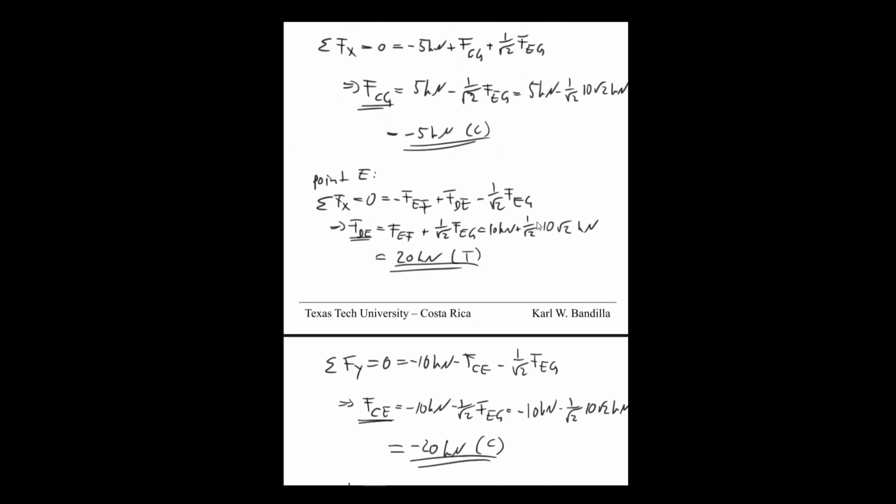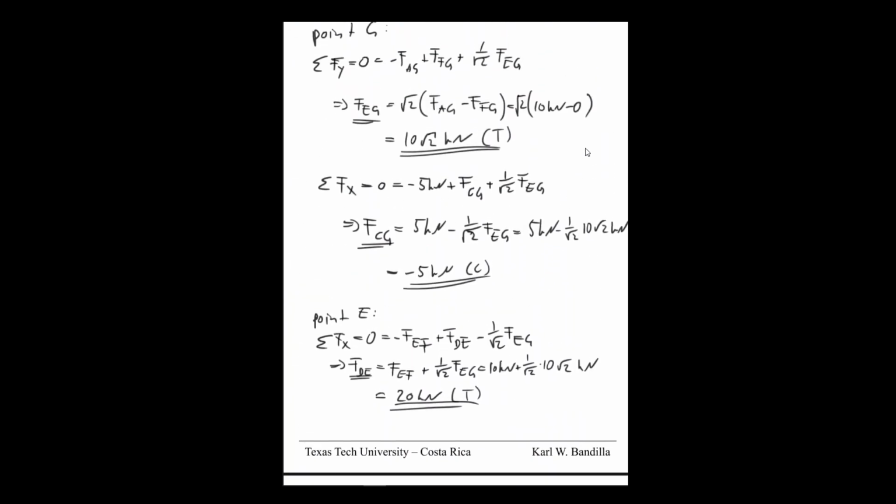So that would be square root of 2 times FCG minus 5 kilonewton plus FAC, where is FAC? FAC minus 15 square root of 2 kilonewton. Oops, squeeze that in there. So that would be minus 20 square root of 2 kilonewton, so compression.